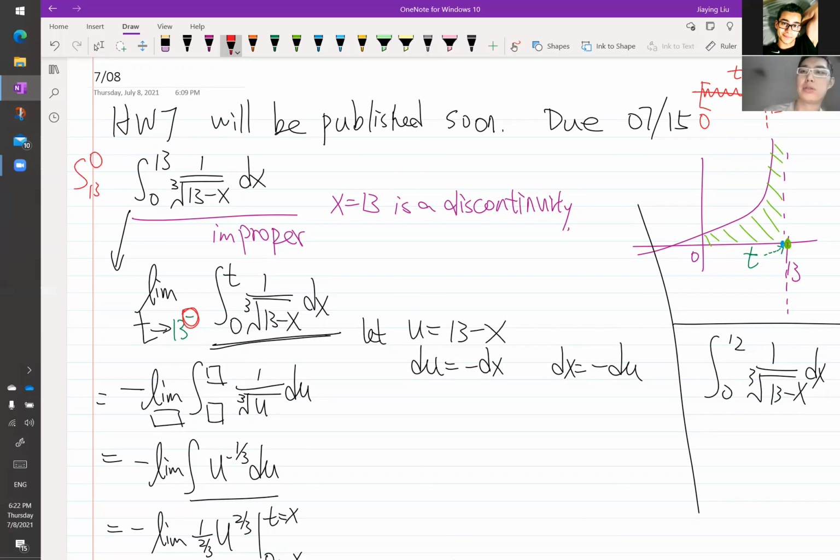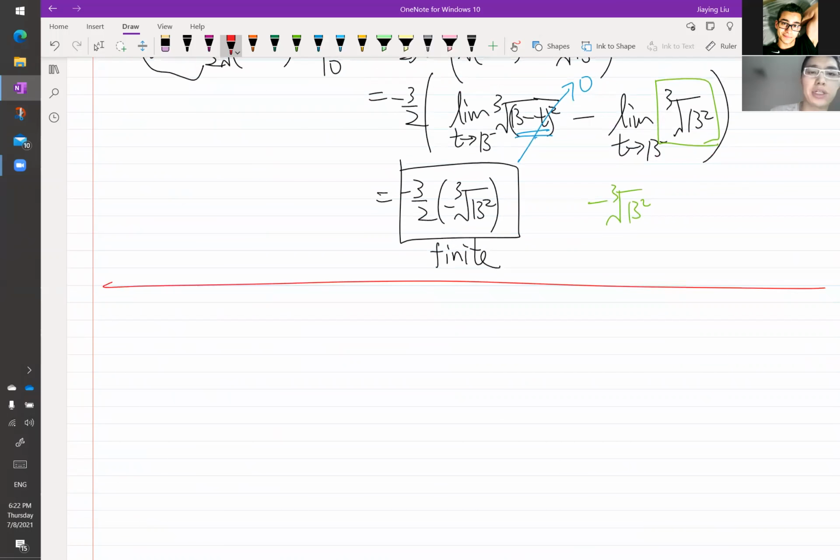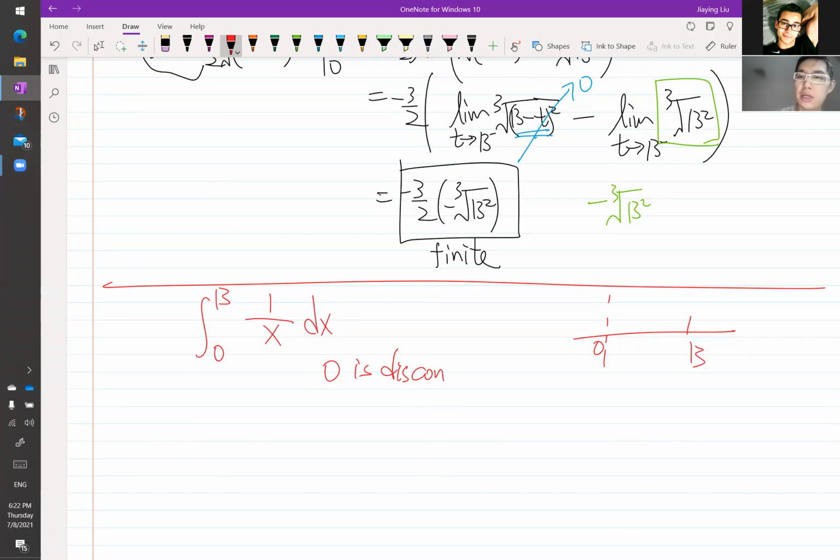Okay, thank you. Right, but let's just say you have another question where you have 0 to 13 of 1 over x dx. In this case, the 0 is the discontinuity. The interval that we're integrating has a 0 here, 13 here.